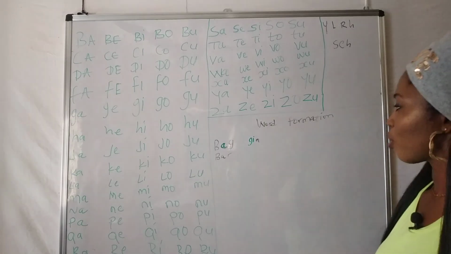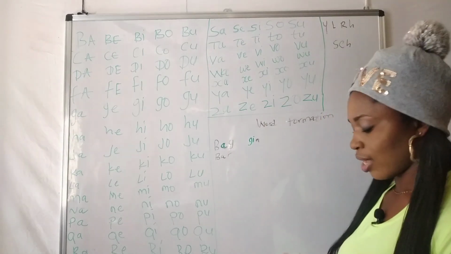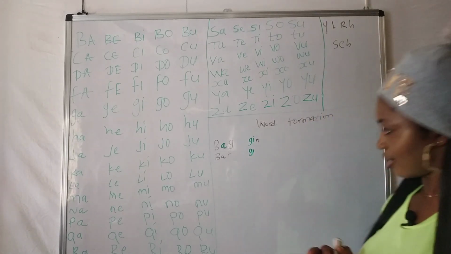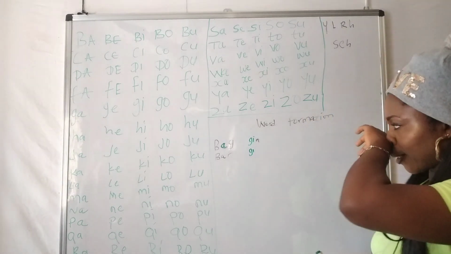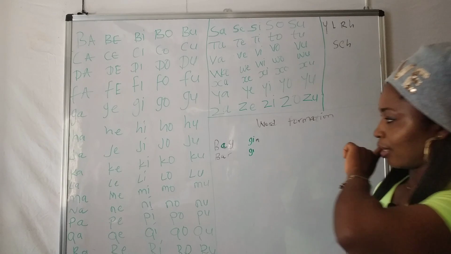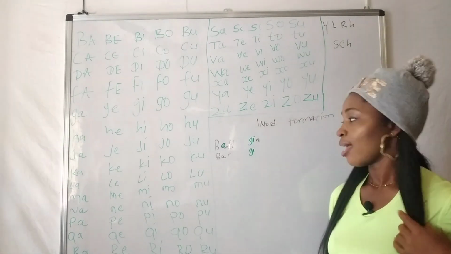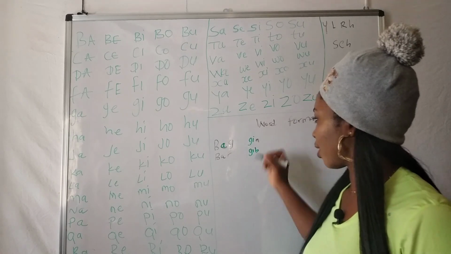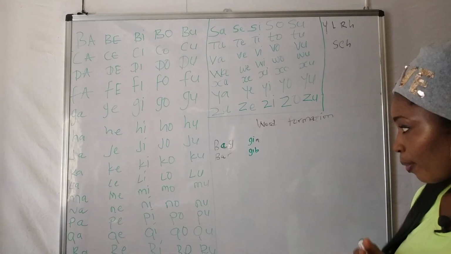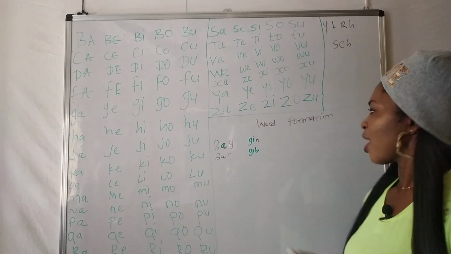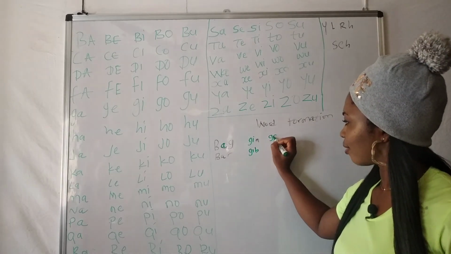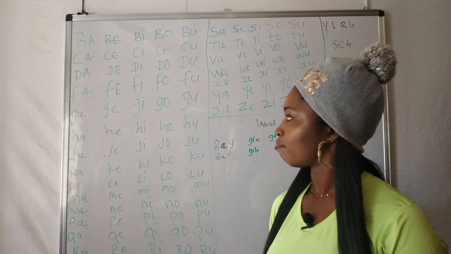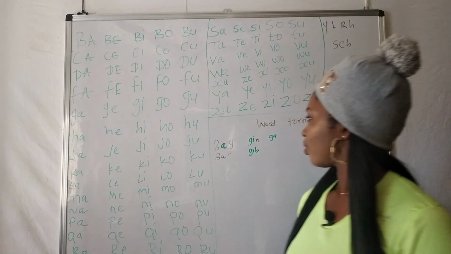Now, if I want to get the G sound now, let's say the G, this is the G sound. Now I can add something here to make it a 3-letter word. Say I can add B, this is gib. Okay, now you can have ga per se, this is ga.